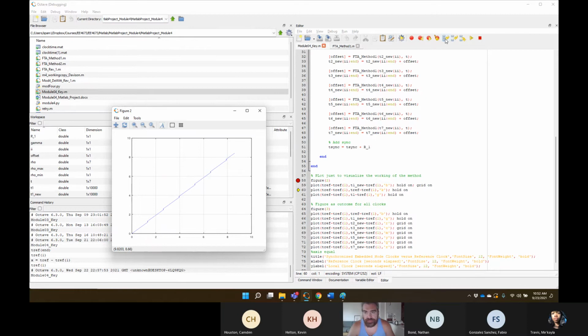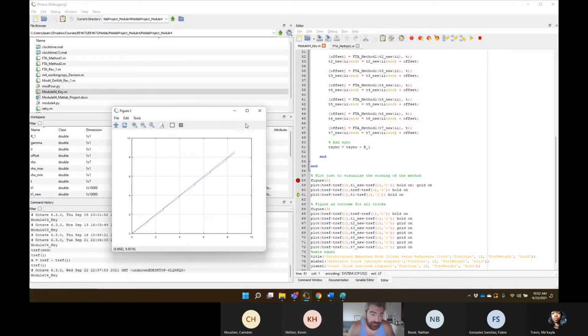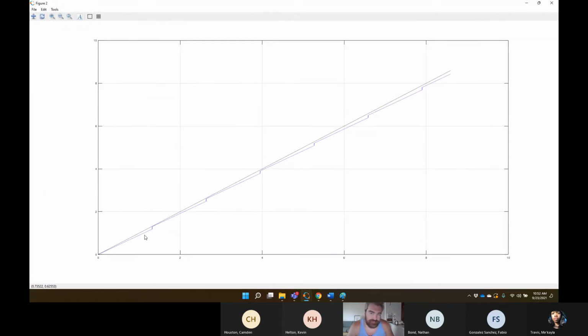Now, this is more useful if we actually compare this to the reference line. So now the straight line, and I'll make this bigger. The straight line here on the diagonal is the reference line, and so the time 1, because this clock is slower, or maybe that's faster because I don't have my axes on there, so I can't quite tell.